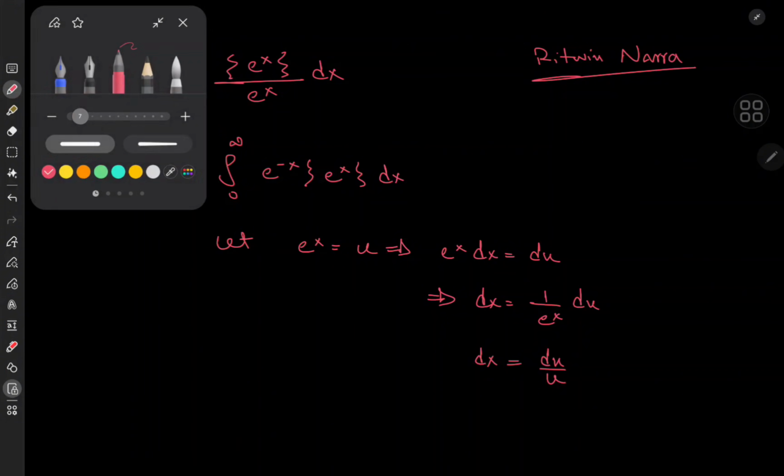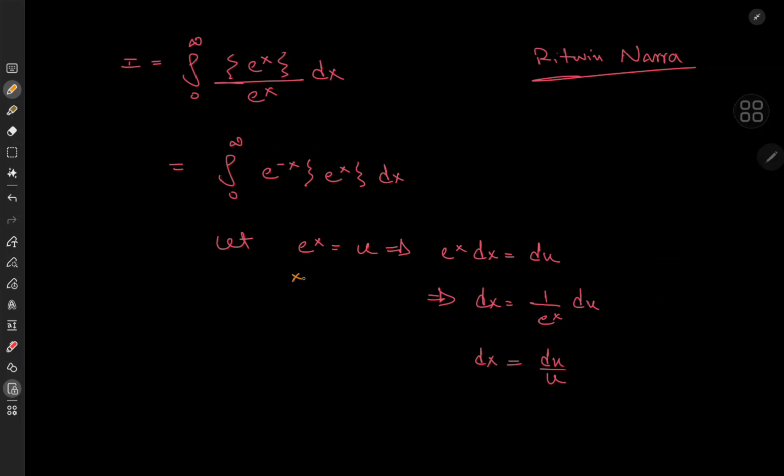And as far as the limits are concerned, we see that as x tends to 0, we have u tending to 1, and as x tends to infinity, we have u tending to infinity as well. So the target integral I now transforms into, what is wrong with my pen today? Perhaps it needs a replacement.